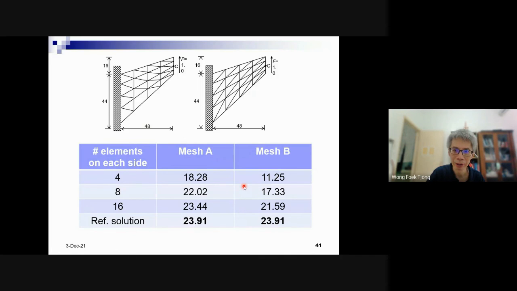This is just to test which orientation is better, because for the mesh we can use this one or this one. Mesh type A, the first one, is better because with the same number of element sides, 16, meaning 16 on this side and this side, we get a closer result than this one.